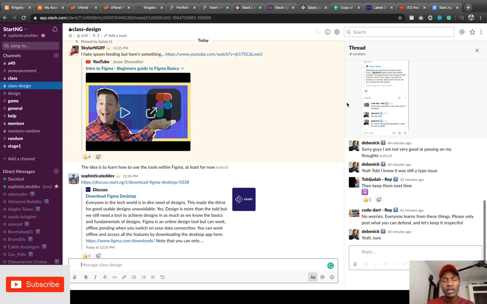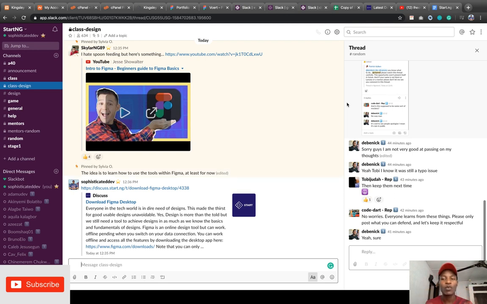Why is the handle of a door the way it is designed? Why is the seat the way it is designed? Why is the table this high? Why is the table this low? Why is a plate used in serving food flat? Why is it deep? These are design questions.